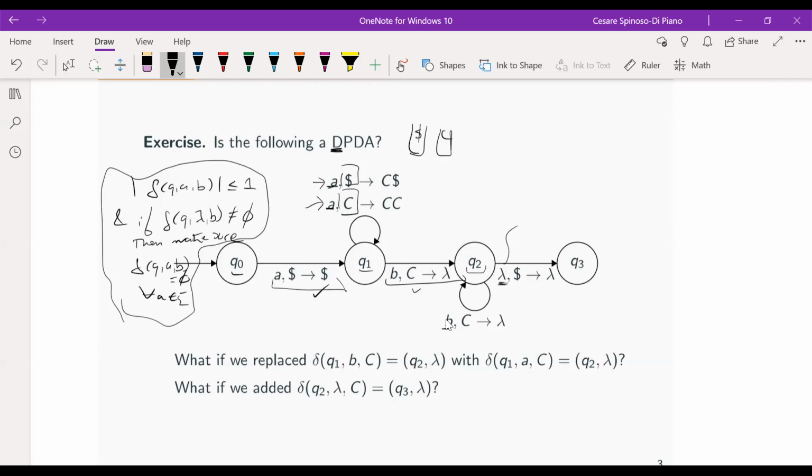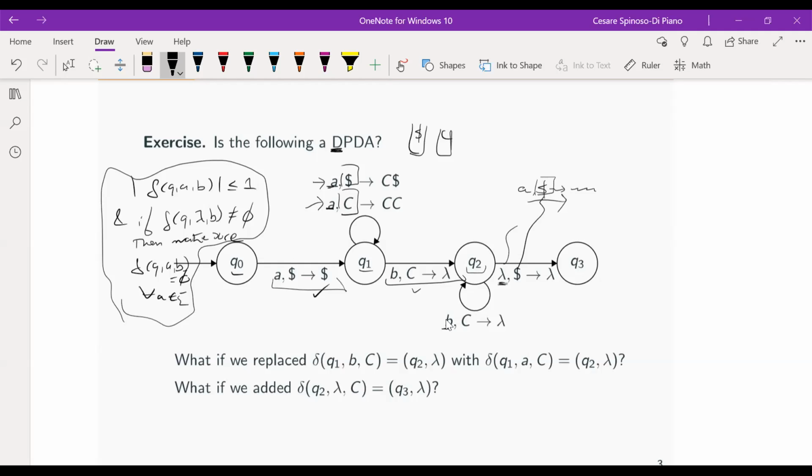What does the definition tell us if there's a lambda transition? It says that there shouldn't be any other transition that has the same stack symbol. I don't really care what's going on after the stack symbol, but if it has the same stack symbol, then it cannot have a different symbol in the alphabet.